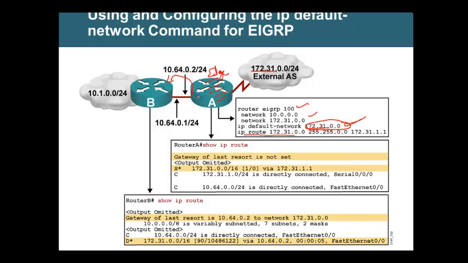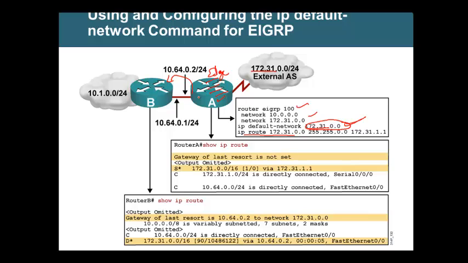If that needs to happen, the route should be seen in the routing table first of all. That's why we write a route statically, so that the route will be seen in the routing table. The default network will be seen in the routing table. The route to reach the default network will be seen in the routing table.